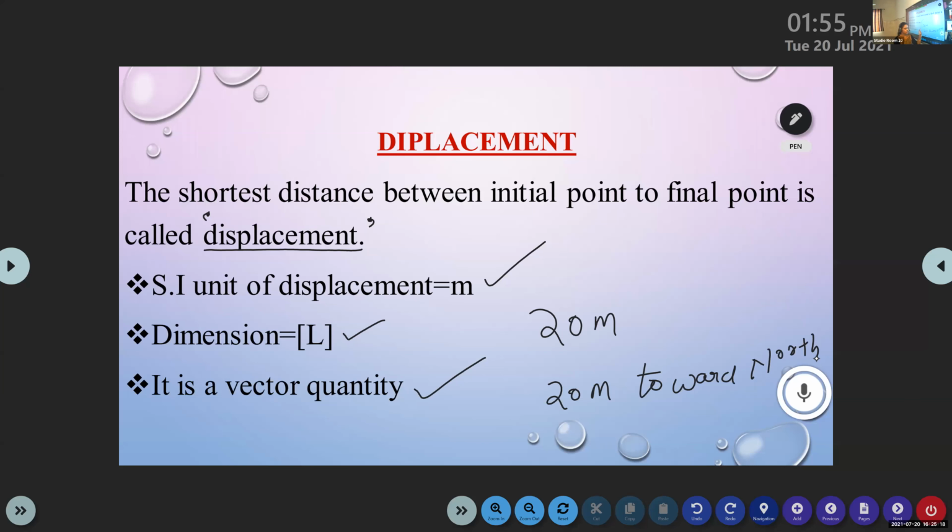If it is only mentioned as 20 meter, this 20 meter indicates distance. But if the question specifies 20 meter towards north, then it indicates displacement of the object. So in that way, we can identify the distance and the displacement.